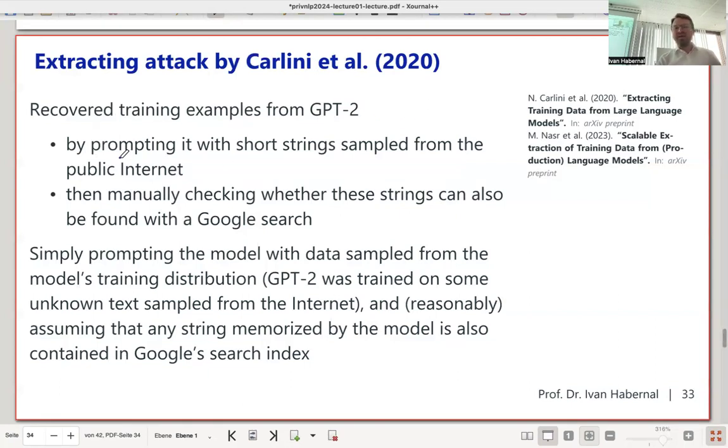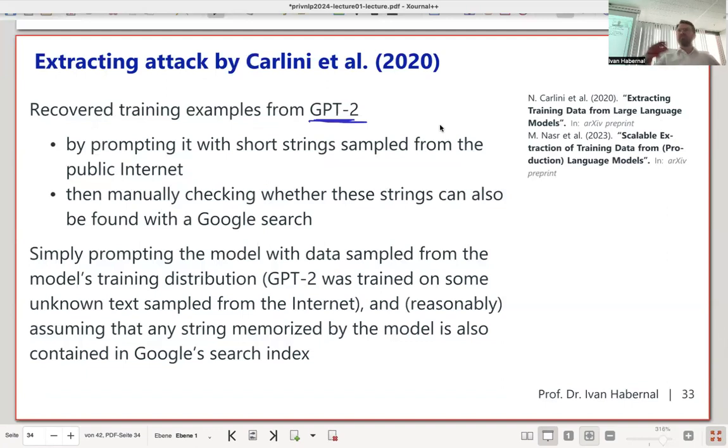And what they did back then is, because GPT-2 was trained on internet data. That's what we knew. They didn't tell which data, but we knew it was trained on the internet. They started prompting with some short string sample from the public internet.